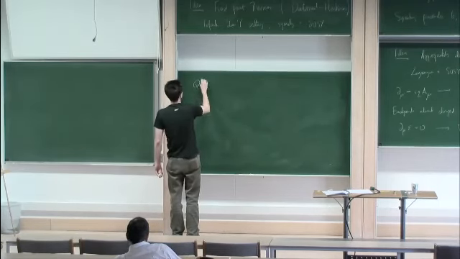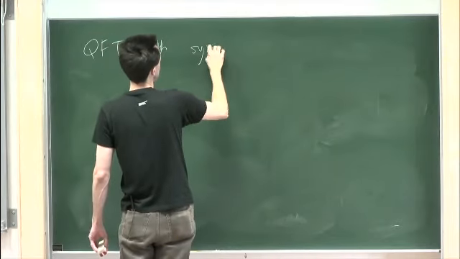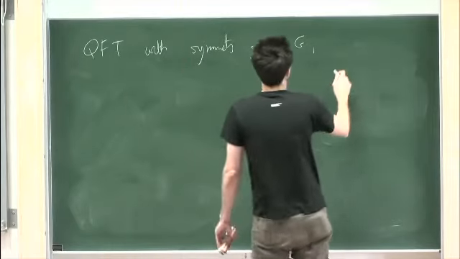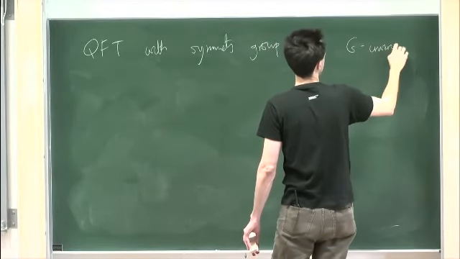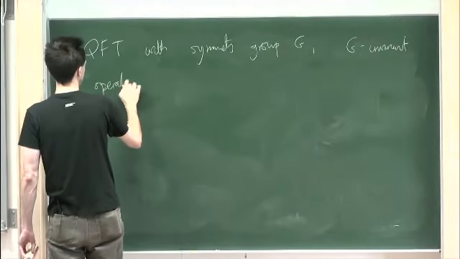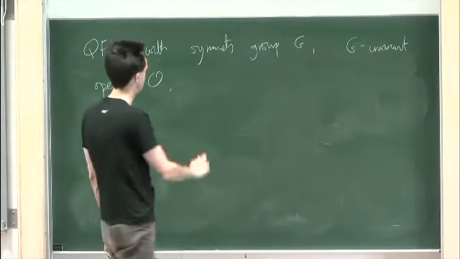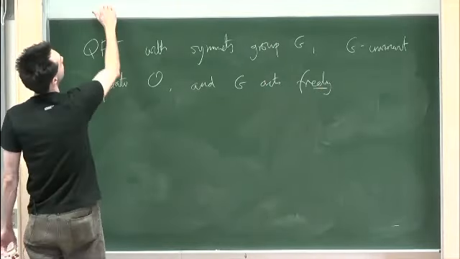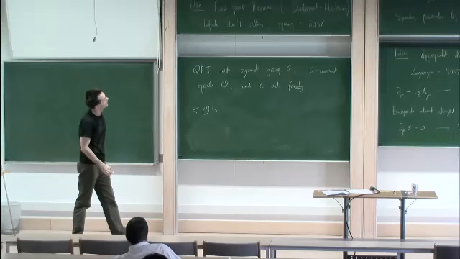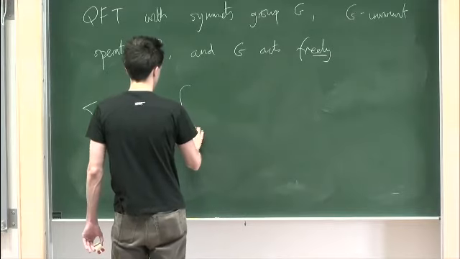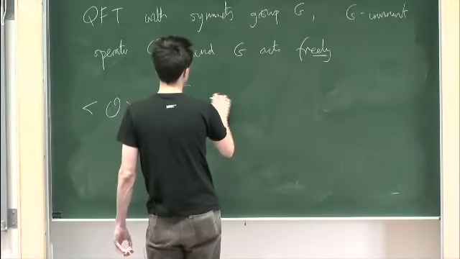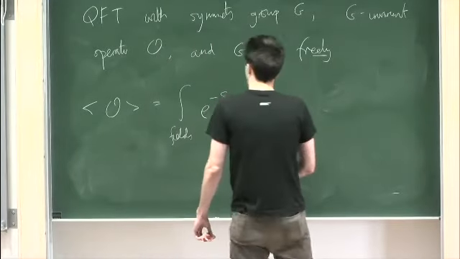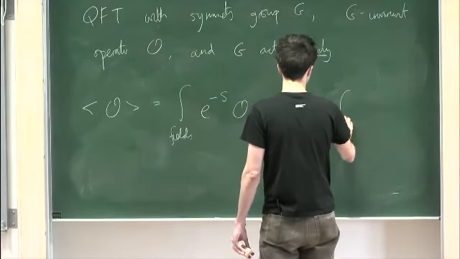viewpoint. So if I've got some quantum field theory with a symmetry group G, acting on the space of fields, and I have a G invariant operator O, and moreover the group acts freely, then when I look at the expectation value of O, well, that's an integral over the path integral over all of the fields, e to the minus action times O. I'm in Euclidean signature, so it's e to the minus Euclidean action times O. Well, you can just factor out the group action.